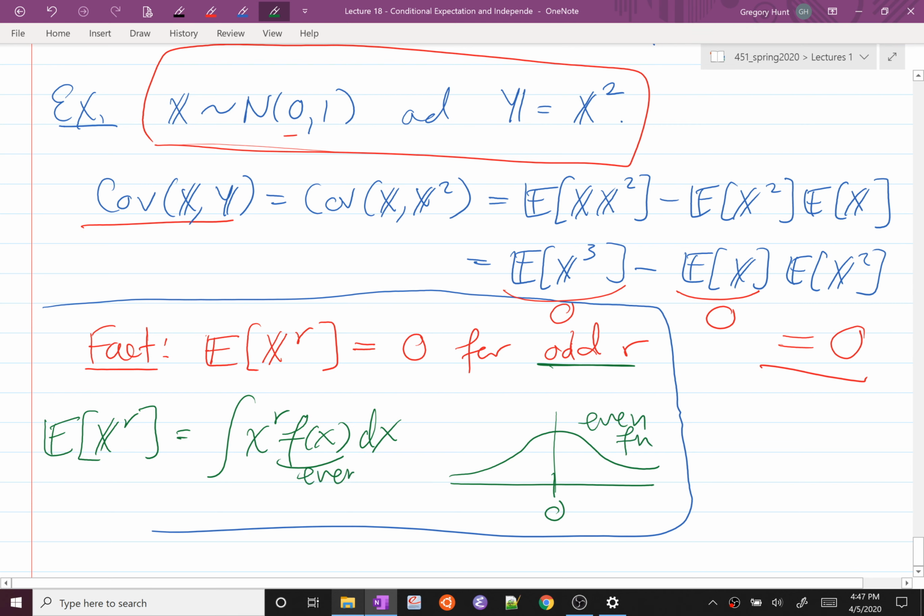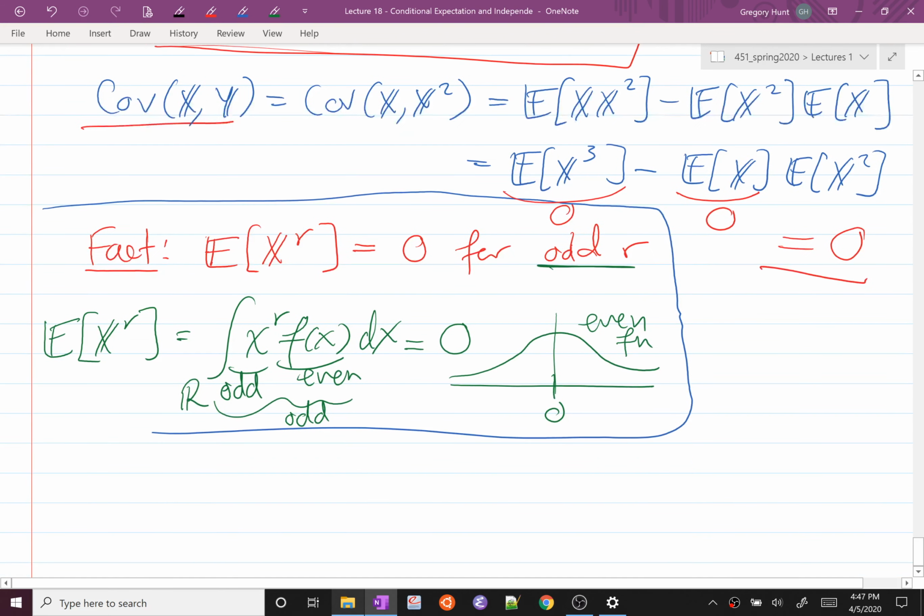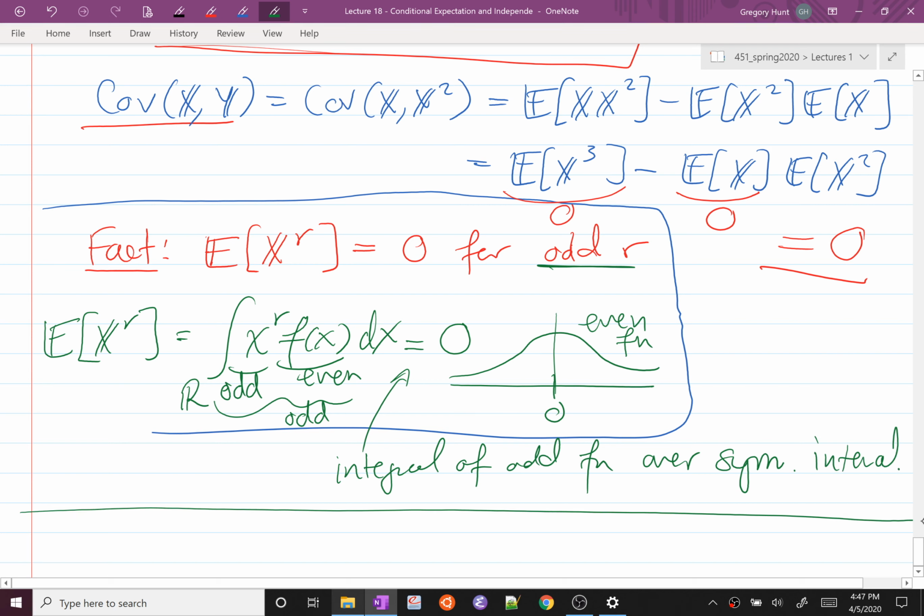So this is even. X to an odd power is odd, and so the whole thing is odd. And if I integrate it across all possible values, I get 0, because it's integrating an odd function over a symmetric interval. That's a cute little fact we can show.